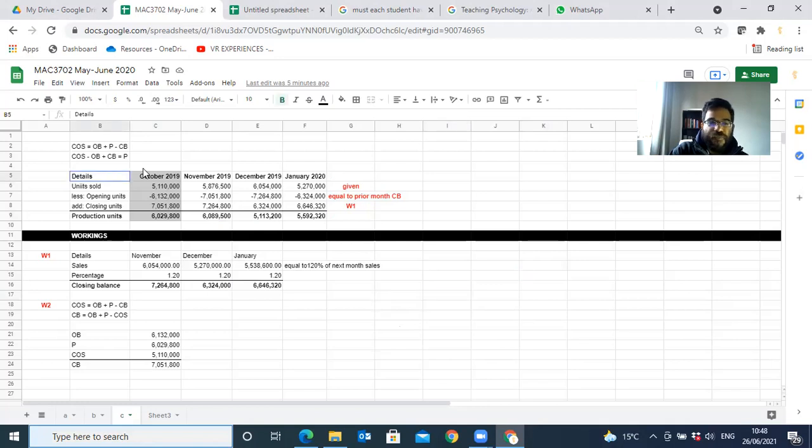Like I'm telling you, whenever you see budget, it's also going to be about sales and production. Generally, this is going to be the formula you're going to use for production. And remember, when you work out a proper production format, you're going to use this format.